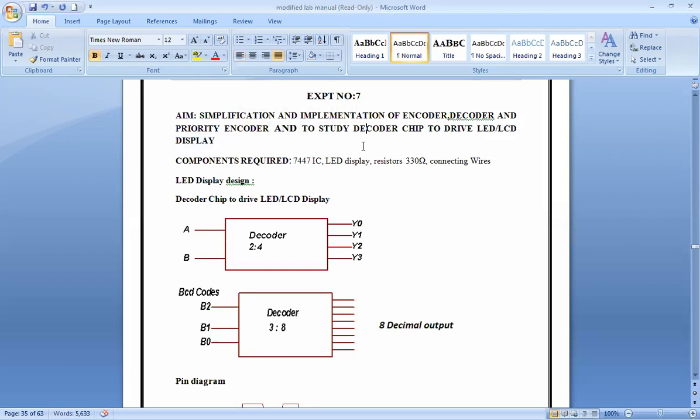Can someone tell me what the data sheet is? It contains all the pin numbers and specifications. What does specification involve?